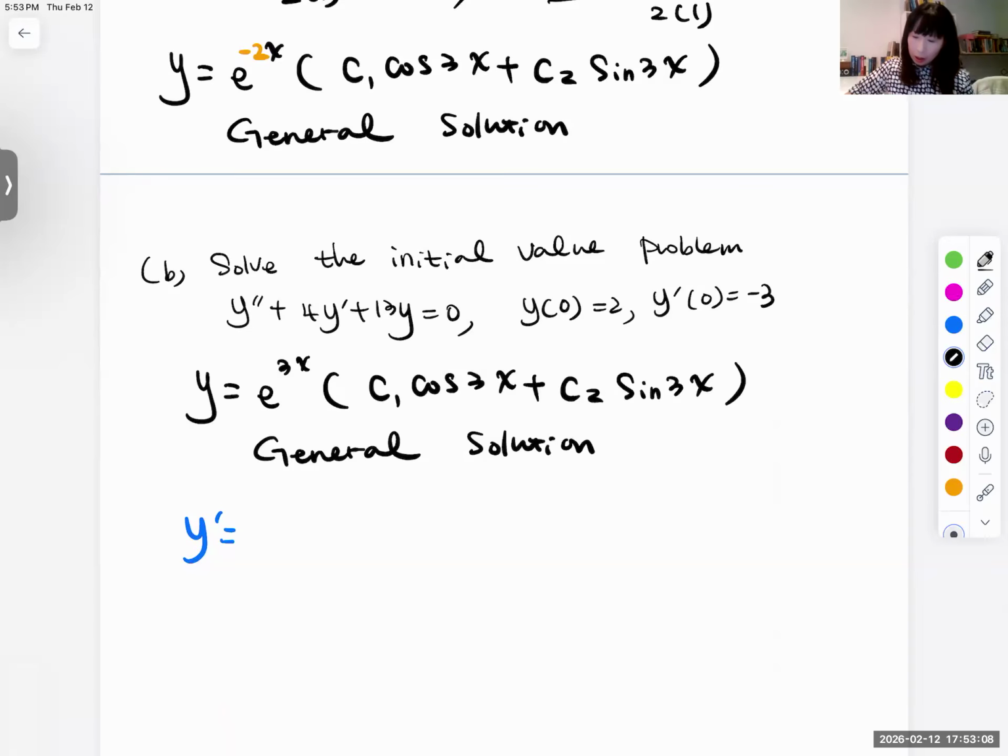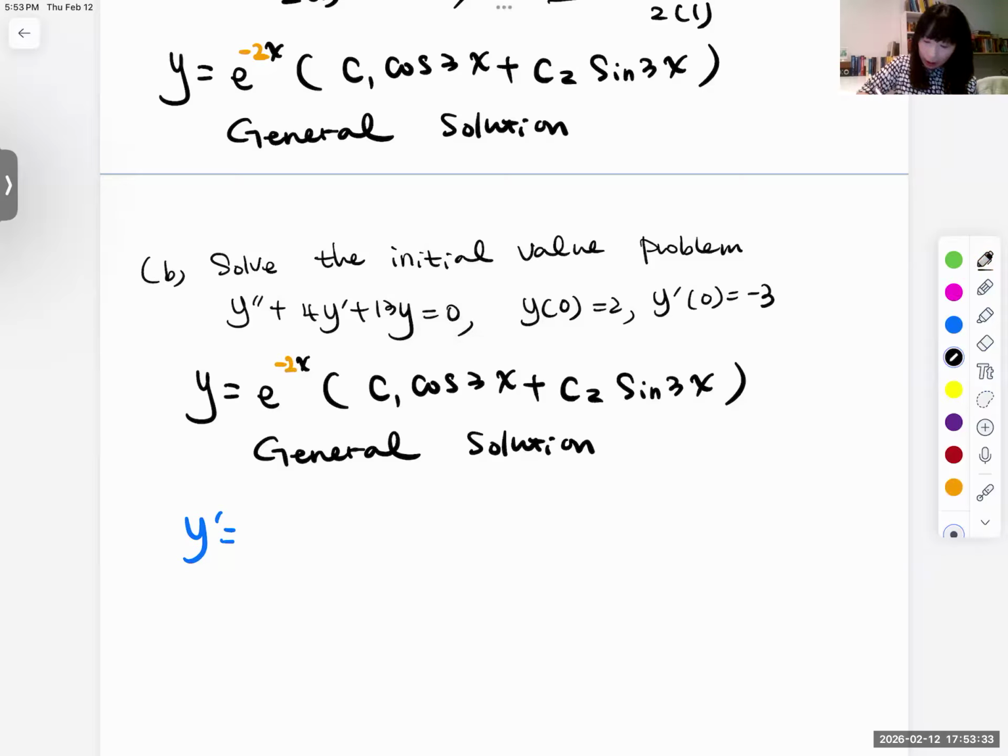So y prime, we get e to the 3x and times 3, right? Oh no, to the negative 2, sorry. Sorry about that. So negative 2, right?